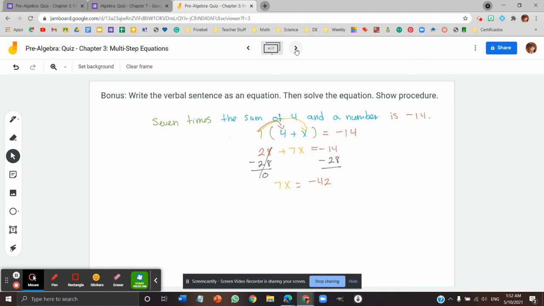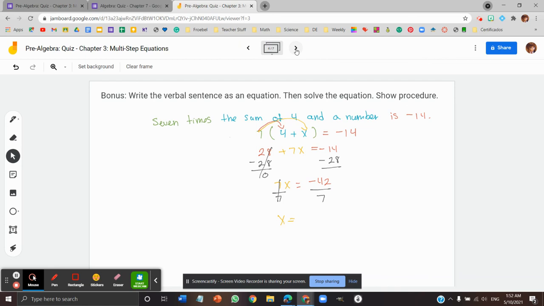Negative 42. And again, I want to leave that x by itself. It's being multiplied. So I divide by 7. If I divide by 7 on one side, I have to divide by 7 on the other side. What do I have left? In my left side, I have an x. And on my right side, I have a negative number divided by a positive number.